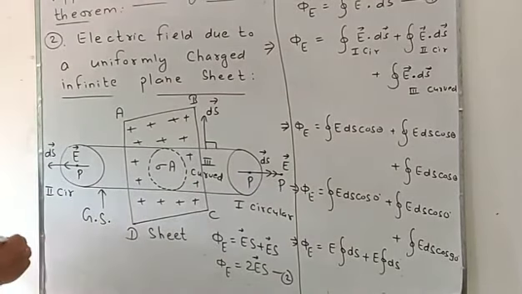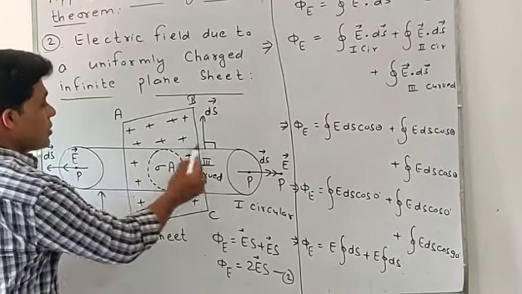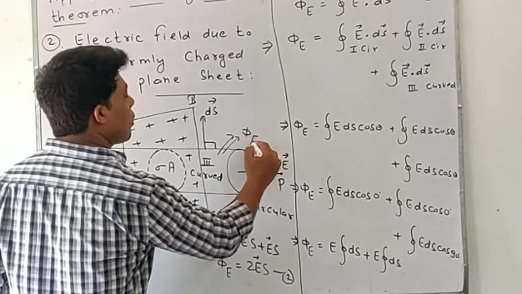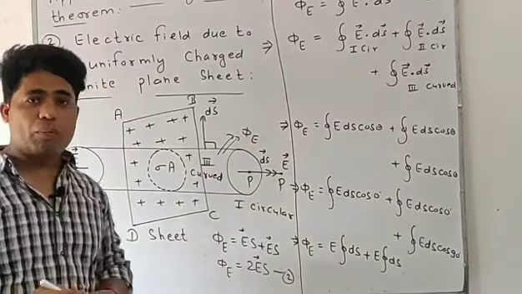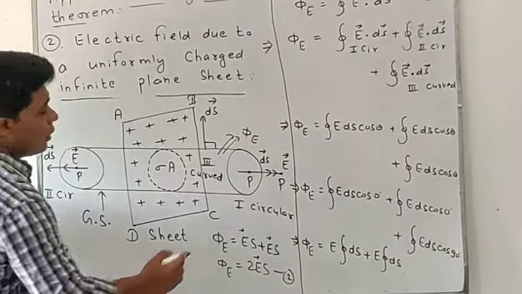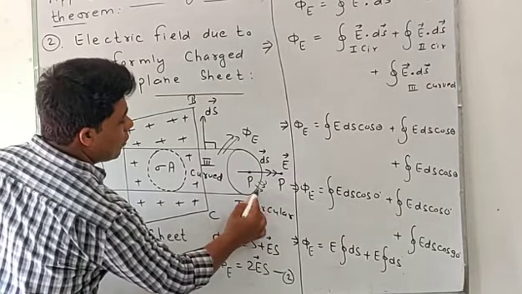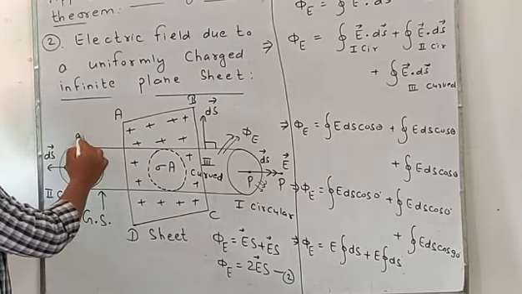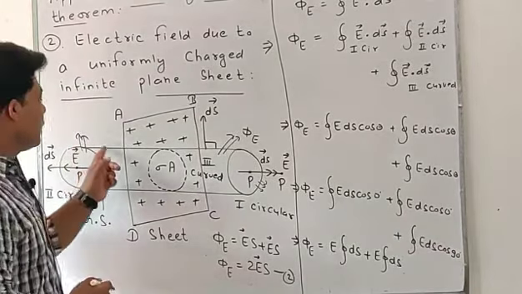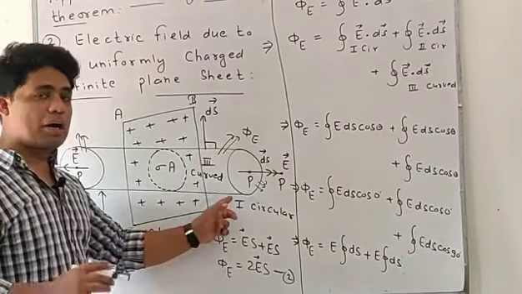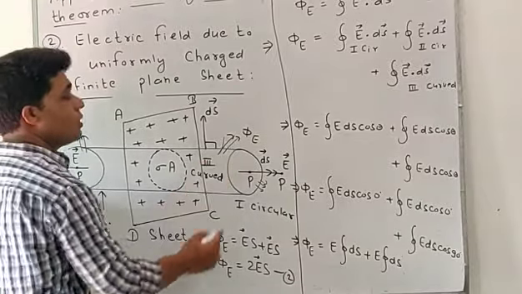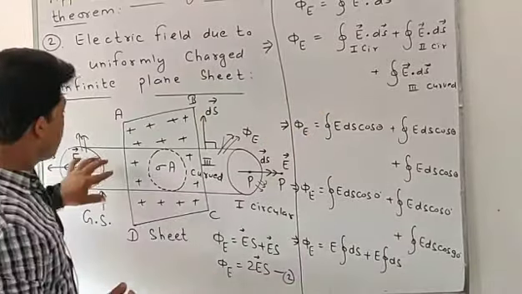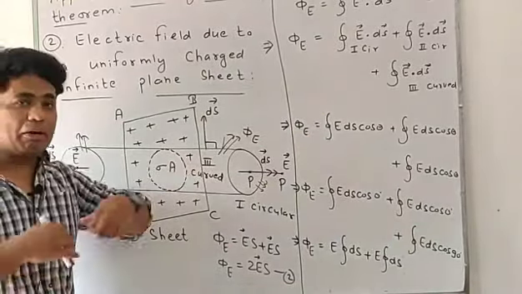Now students, this cylindrical closed surface releases the electric flux, and flux will release from three different paths. This is called the first circular path, it releases flux, this one. This is called the second circular path, it also releases flux, and this one is called the third curved path, that also releases the flux.